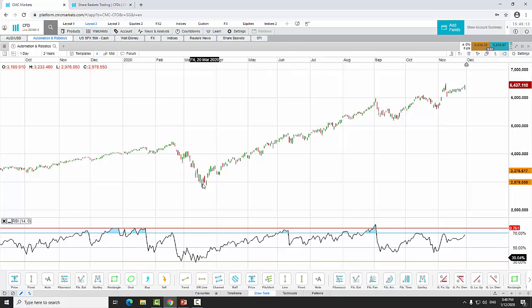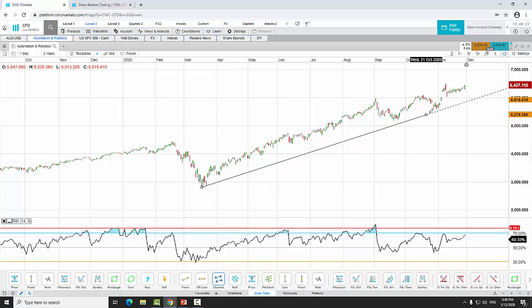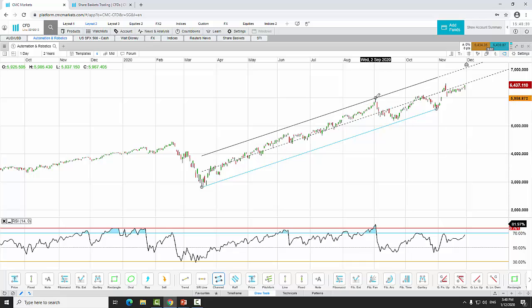What I could see over here is that I could draw an ascending channel to do a bit of price projection going forward. By clicking on this ascending channel, I connect the higher lows as much as possible, to the top.